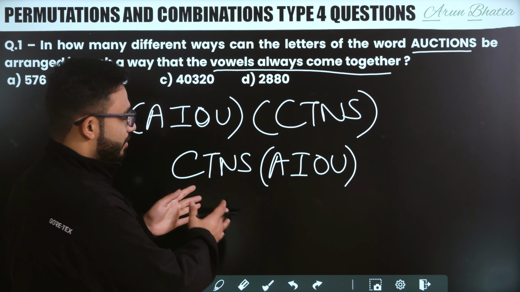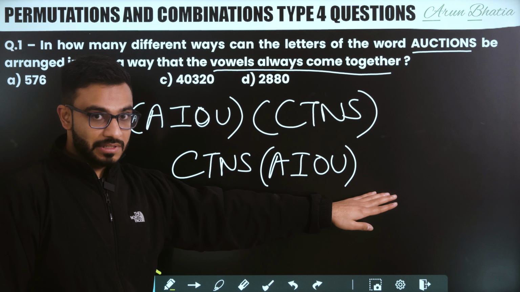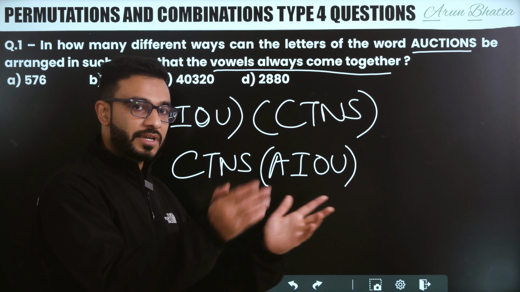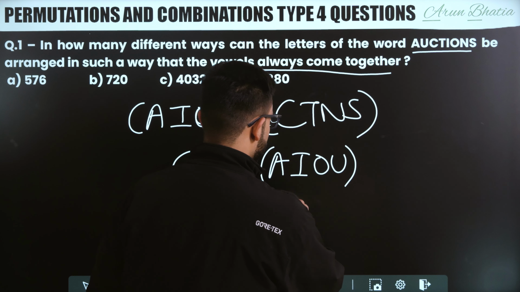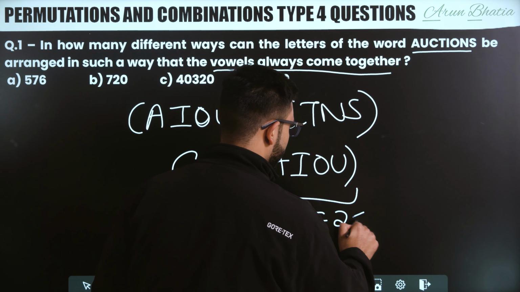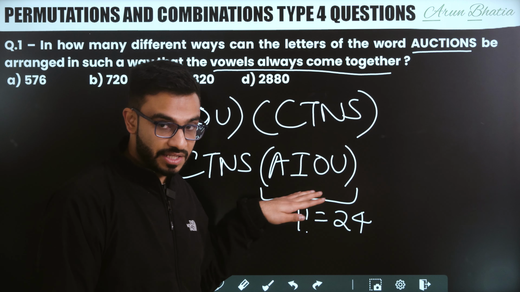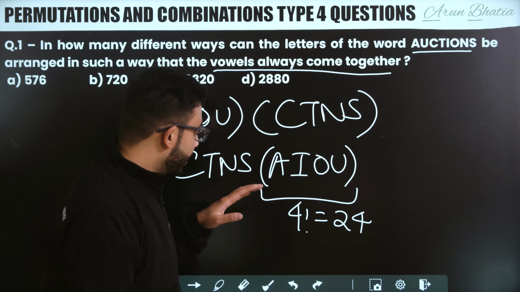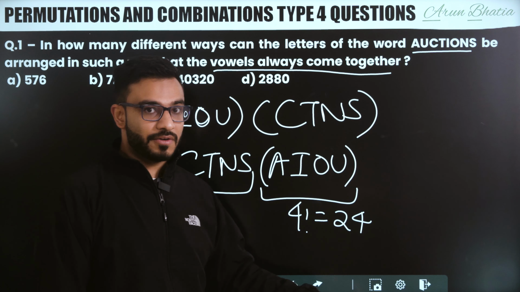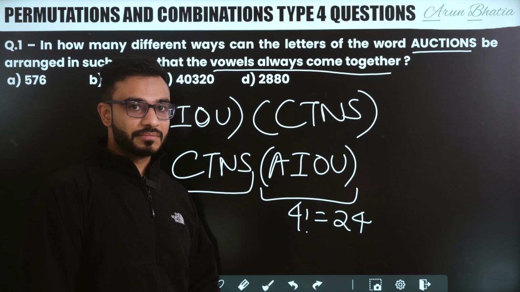So only for this particular pattern, there are four vowels. They will keep changing. What is 4 factorial, if we remember back to our basics? This is 4 factorial, the vowel block, which is 24 different ways that you can arrange these 4 vowels. So for this particular pattern, CTNS, there are 24 different ways I can arrange these vowels.